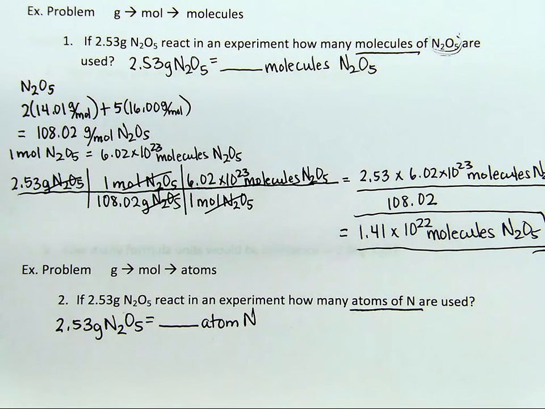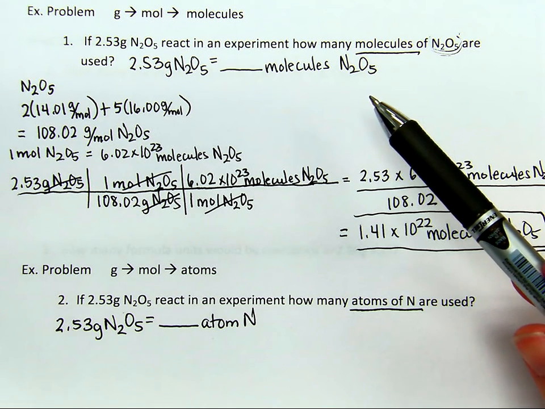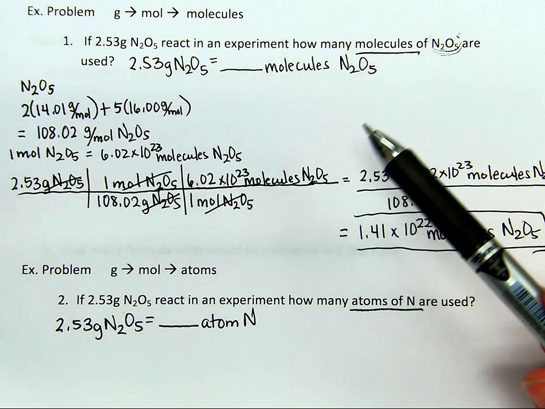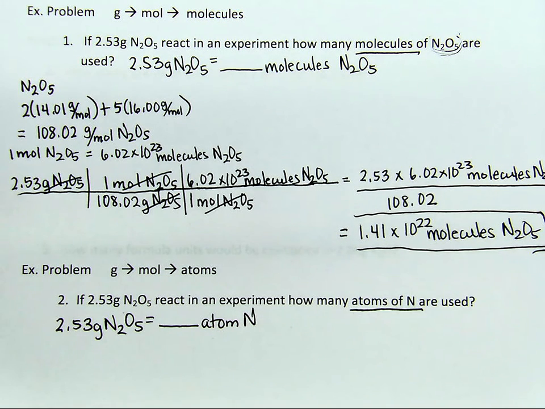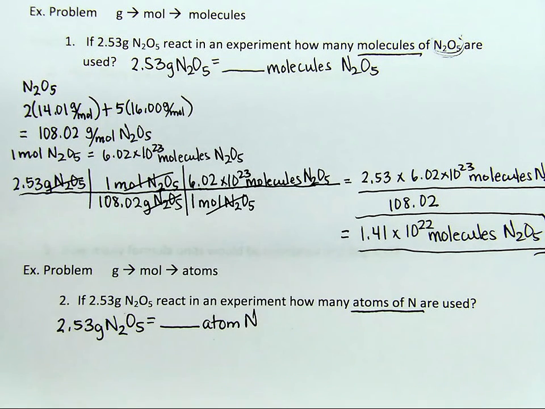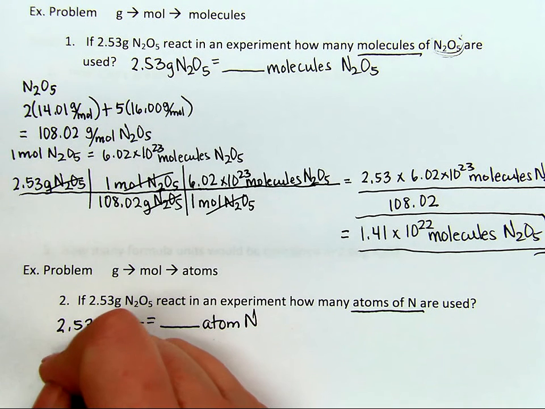And again, this is a pretty important little step because it's going to help you keep your eye on the prize. Notice the difference between this and this. Down here, we're looking for atoms of just N, and up here, we were looking for molecules of N2O5. Since this problem is here, and we've already calculated the molar mass of N2O5, I'm going to take a liberty. We're not going to calculate that again. So let's get started.